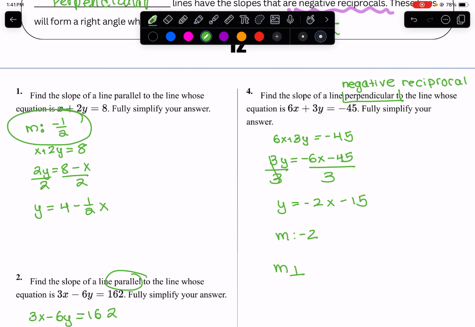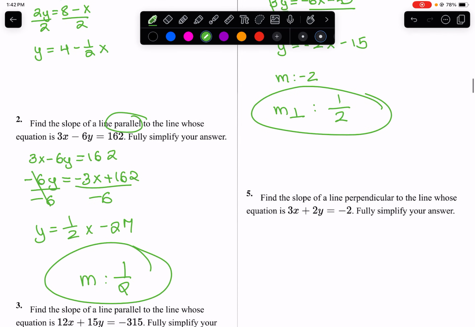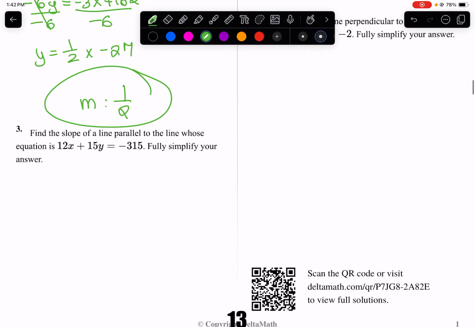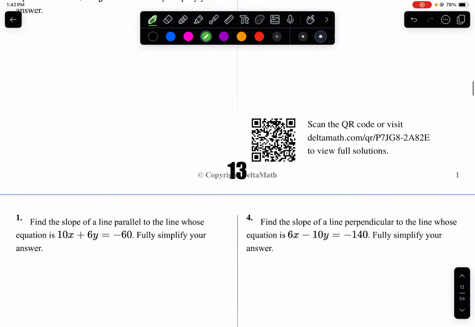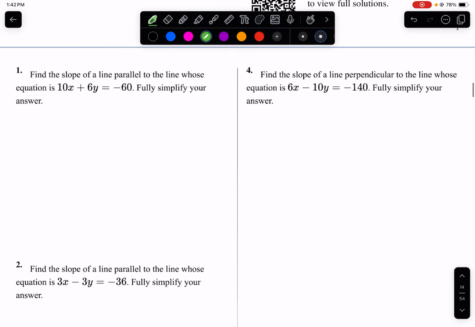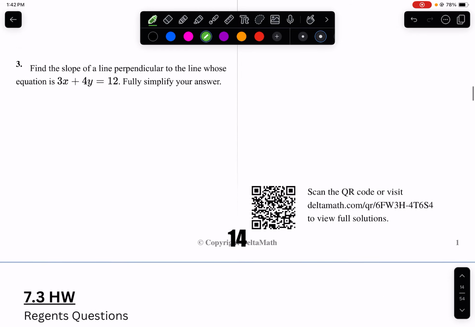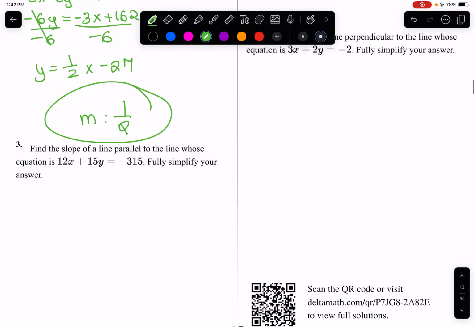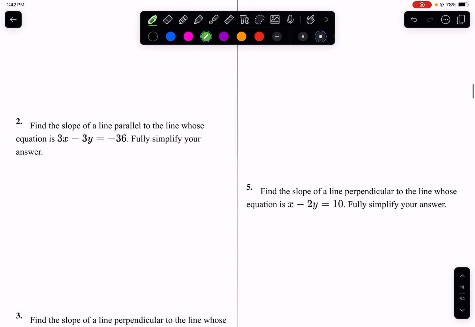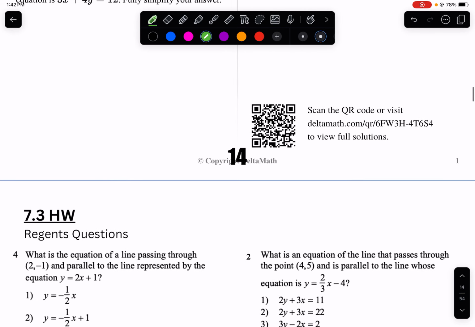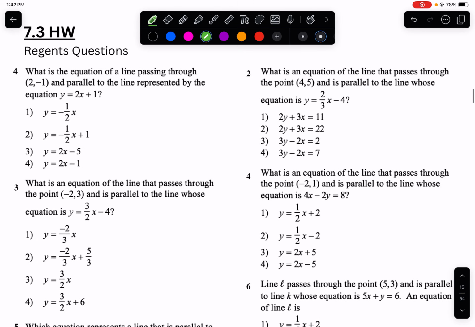So my slope that is perpendicular is going to be the flip. And the opposite of negative 2 is a positive. So my perpendicular slope will be 1/2. Okay, and the rest are pretty much the same. You can check the QR code to check your answers. I'm going to move on to the homework.